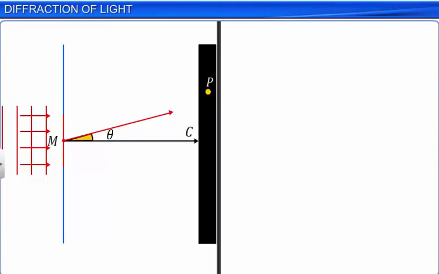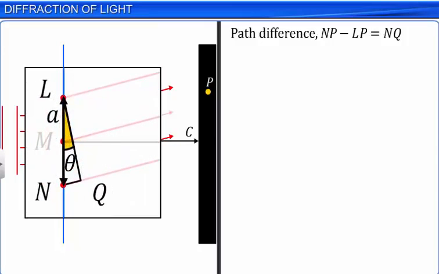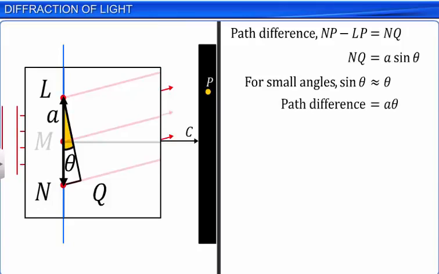Consider light rays from 2 point sources L and N separated by a distance a reach the point P. The path difference between these rays, NP minus LP, is equal to NQ. From triangle LNQ, NQ is equal to a sin theta. But for small angles of theta, sin theta is approximately equal to theta. Therefore, the path difference is equal to a theta.